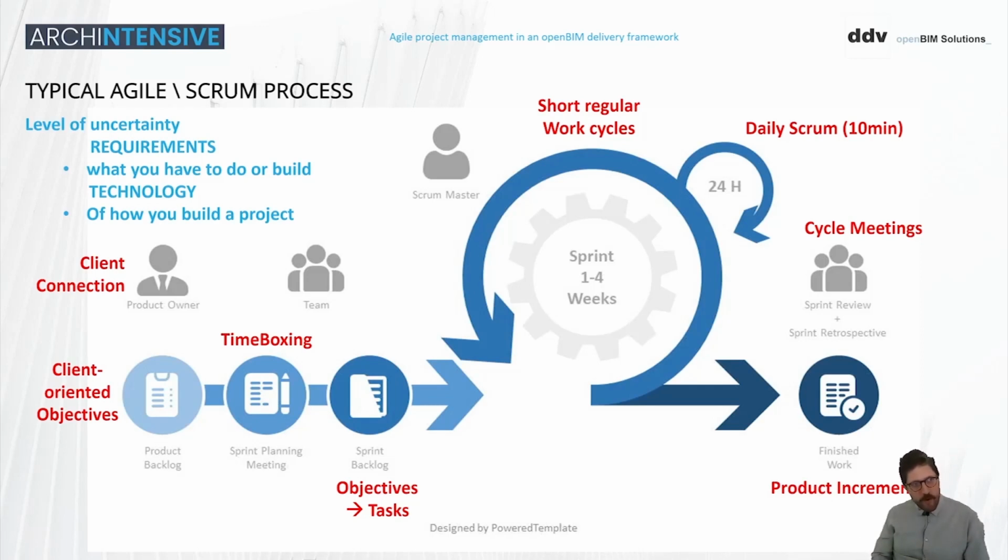So from that point, and assuming that in our industry we have a certain level of uncertainty, but uncertainty regarding two different categories: uncertainty of requirements and technology. So in other words, what you have to do or build and how you will build it, or how you will do it within your project, right?